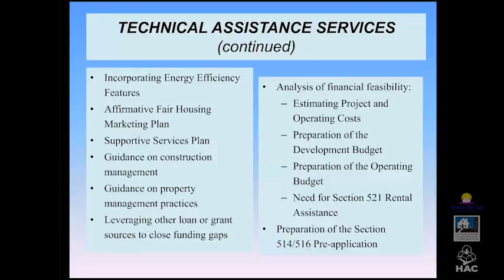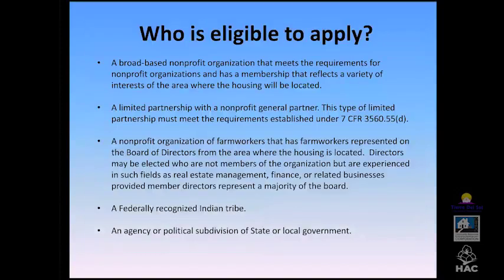And then also, those costs are going to drive the need for Section 521 rental assistance. The rental assistance that's offered on 514, 516 projects is one of the few programs that still offer project-based rental assistance. You know how rare those are to be able to secure these days.